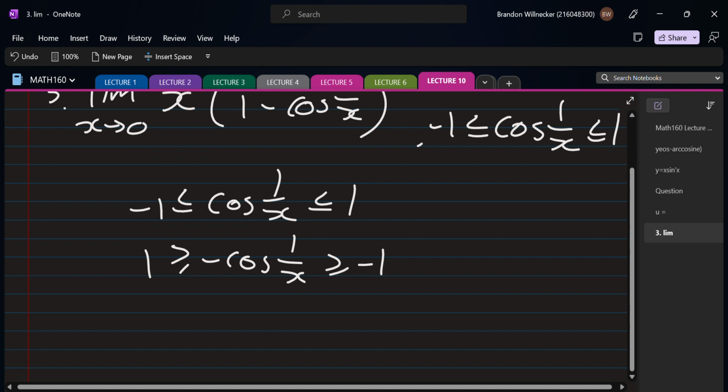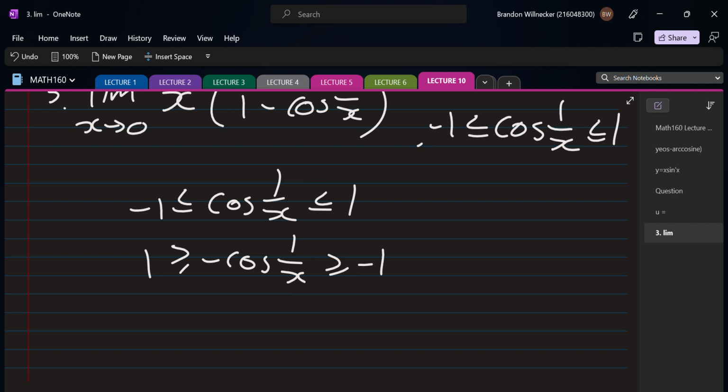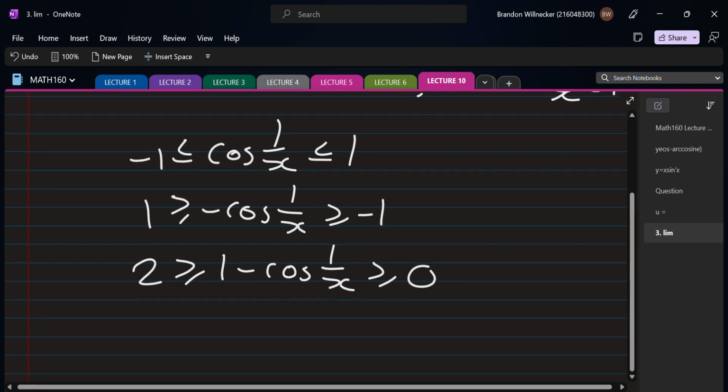Okay, now we don't have minus cos, we've got 1 minus cos. So we need to add 1 to everything. So please no talking while I'm working. Okay, so we add 1, we have 2 greater than or equal to 1 minus cos 1 over x greater than or equal to 0. Okay, but we're getting closer.